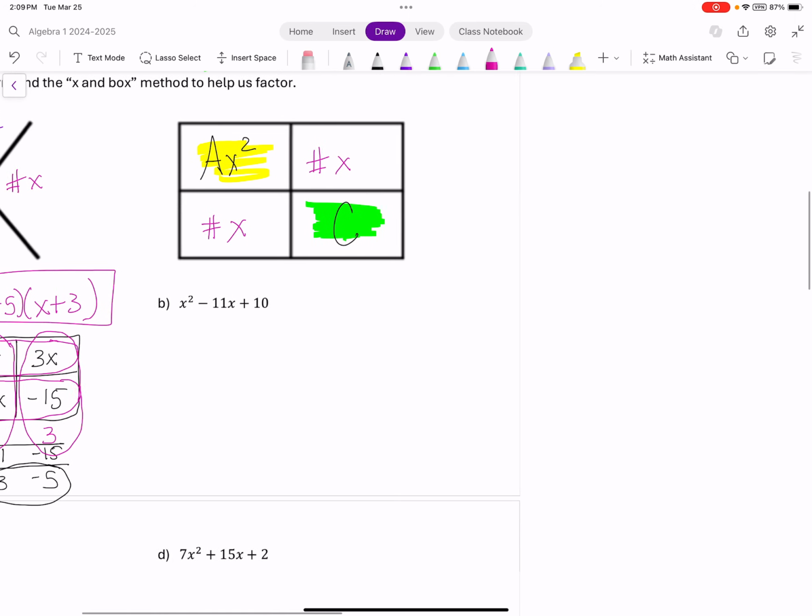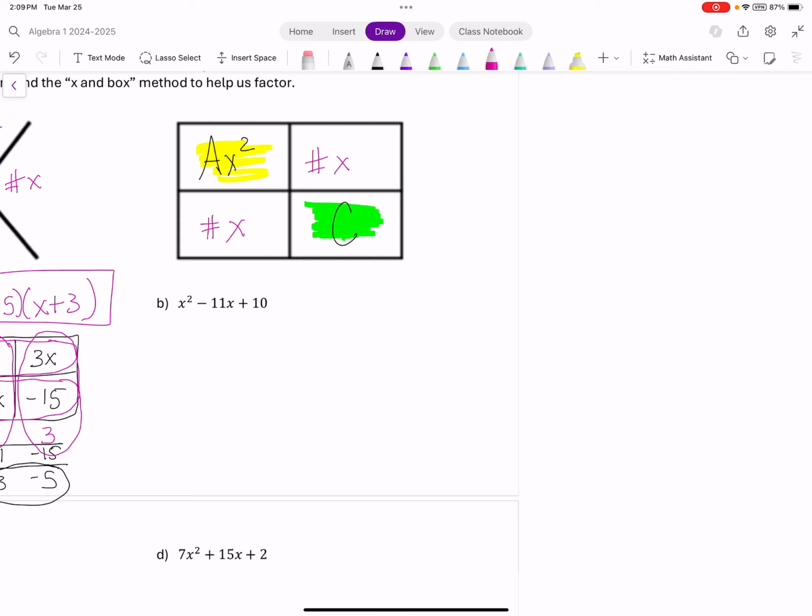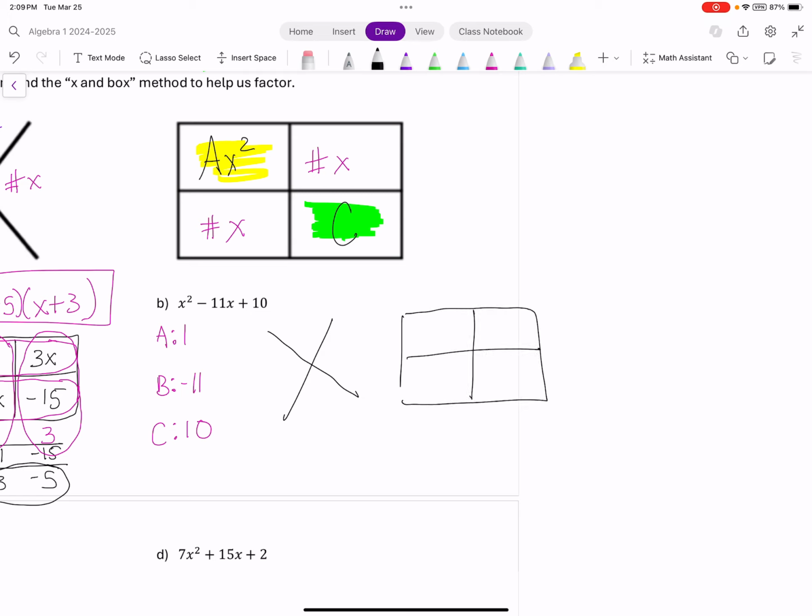So I'm going to go ahead and show the process again on problem B. So problem B here, my a is still 1. It's before x squared. My b is negative 11. And my c is positive 10. So I'm going to go ahead and make my x and my box.